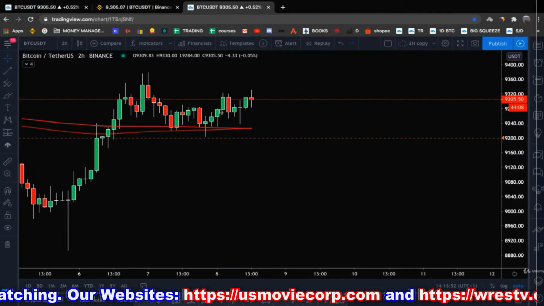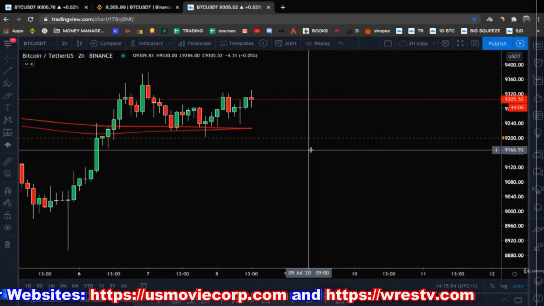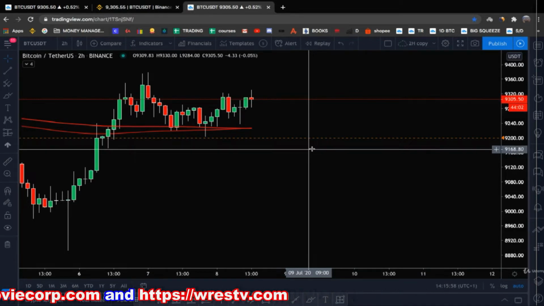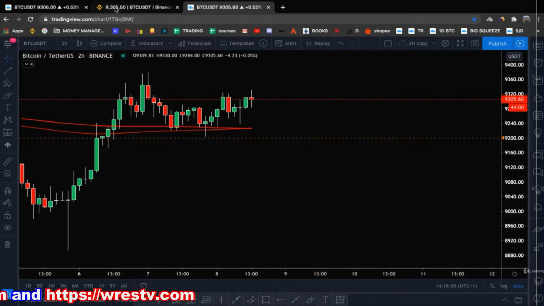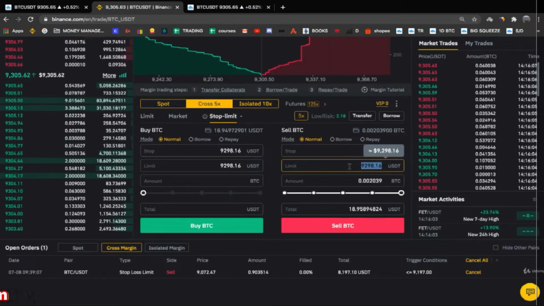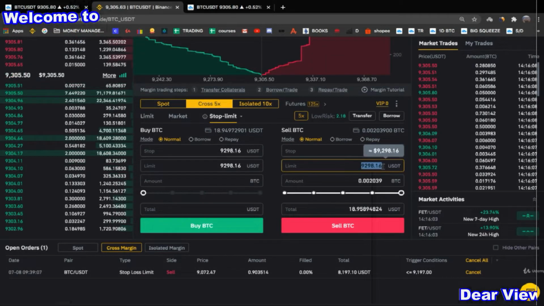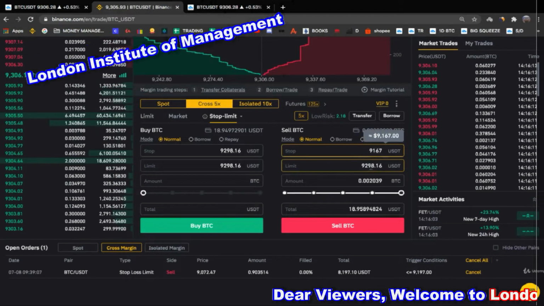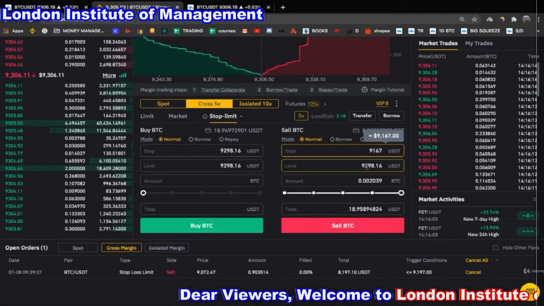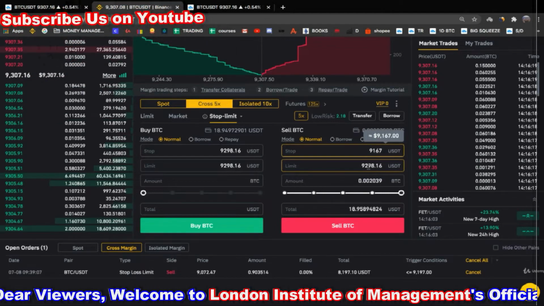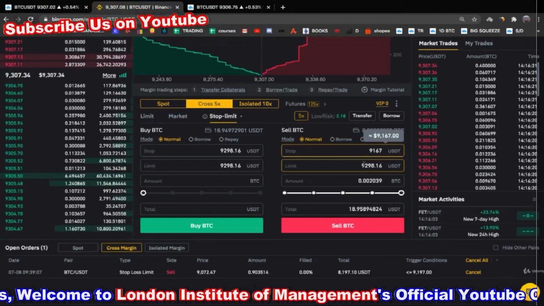You want your trigger price to be your stop loss level, which in our case is 9,167, right? Then what you are going to put here is a limit order. If you set a price here higher than this price, it does not guarantee that your order will be executed, because if the price of Bitcoin continues to go down, your limit order might not get executed.